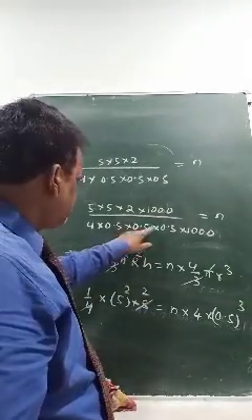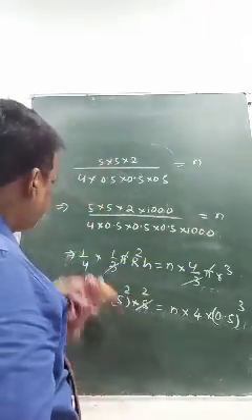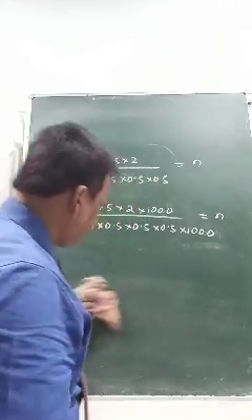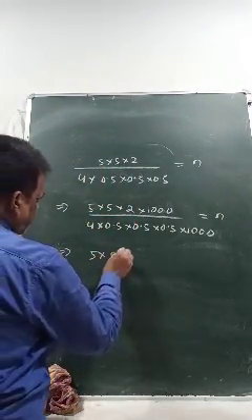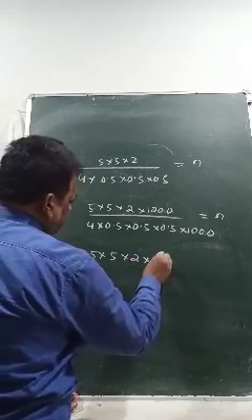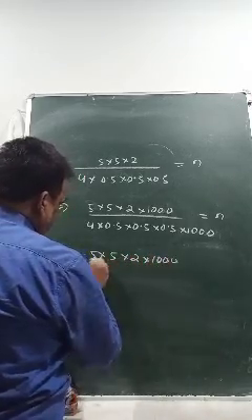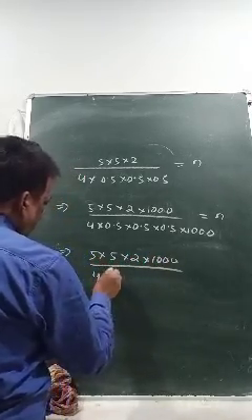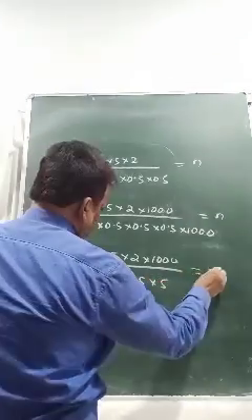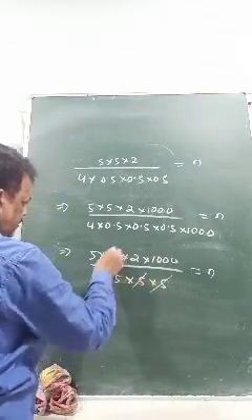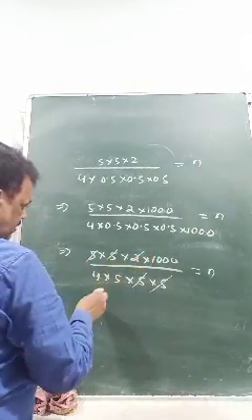Then 3 digits, 3 zeros go. So denominator will be 4 into 5 into 5 into 5, and numerator 5 into 5 into 2 into 1000. That is it. Easy method, 5 cancel. This cancelled here.